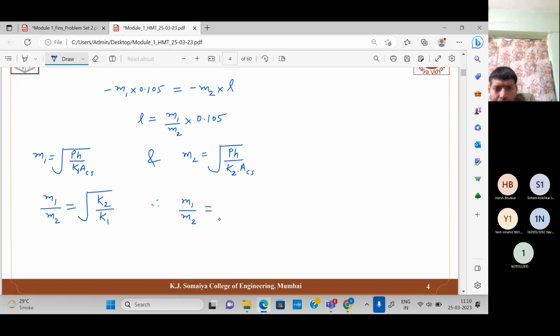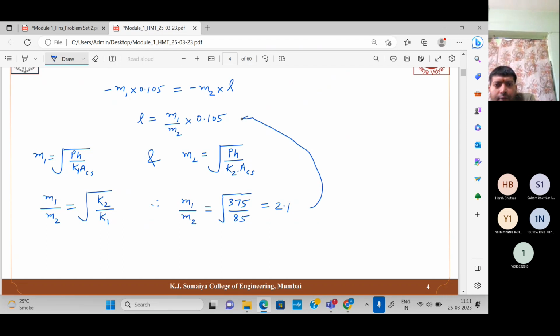So it is root of 375 divided by 85. So you just find this square root of 375 divided by 85. You will get this as 2.1.